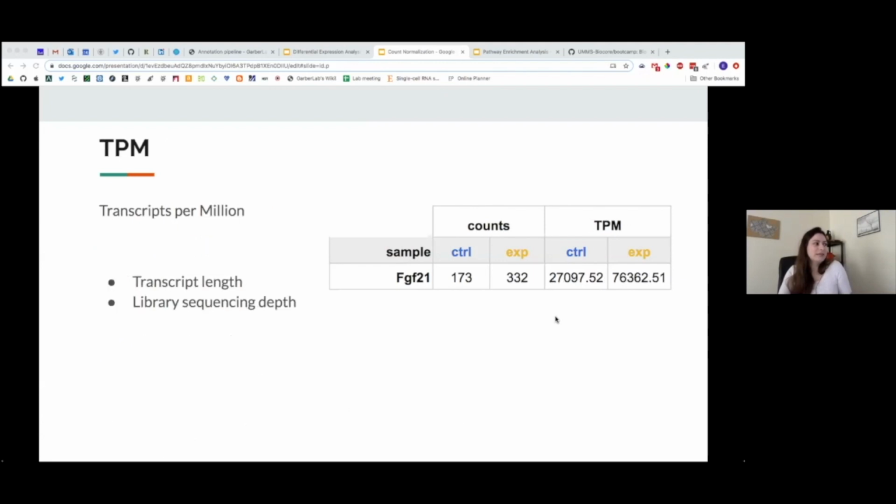So there's been some improvement when people came up with this different way of normalizing, which is TPM. So TPM means transcripts per million.